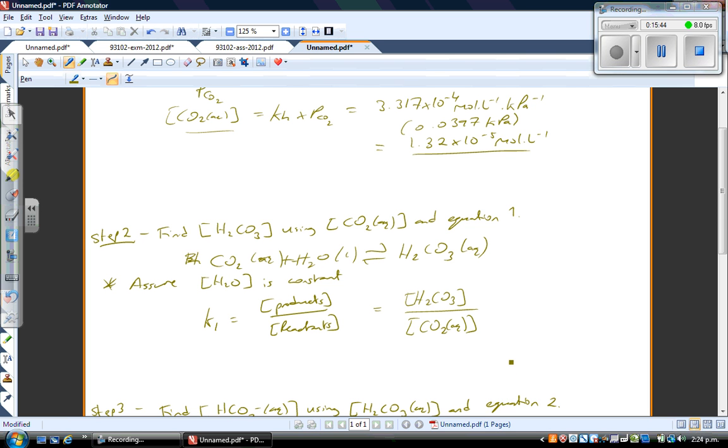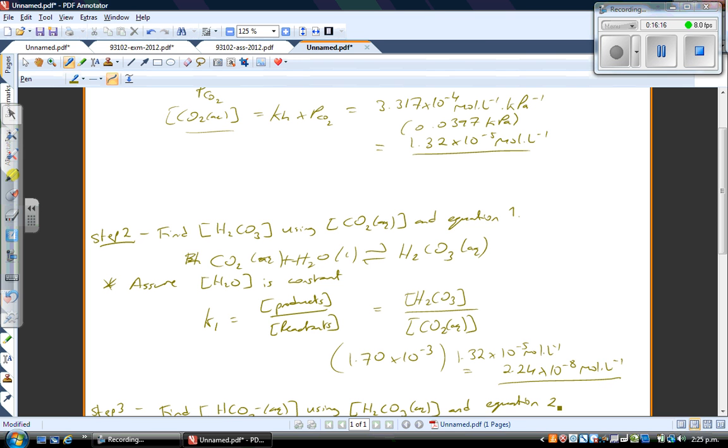So K1 was given to us originally, and therefore our calculation is 1.70 by 10 to the minus 3. That was the K1 value, multiplied by our concentration for CO2, which we just found to be 1.32 by 10 to the minus 5 moles per liter, and that gives us a concentration of 2.24 by 10 to the minus 8 moles per liter for the concentration of our carbonic acid.